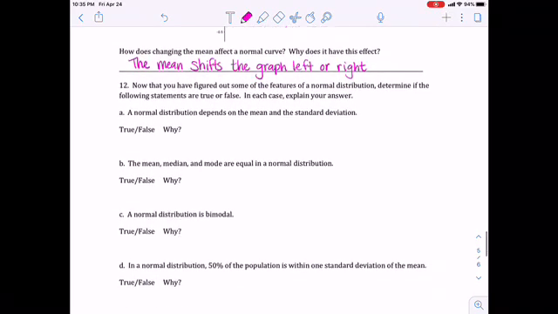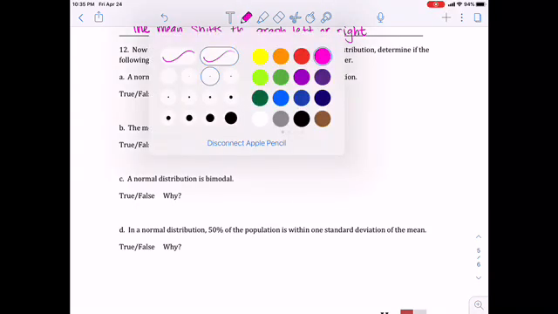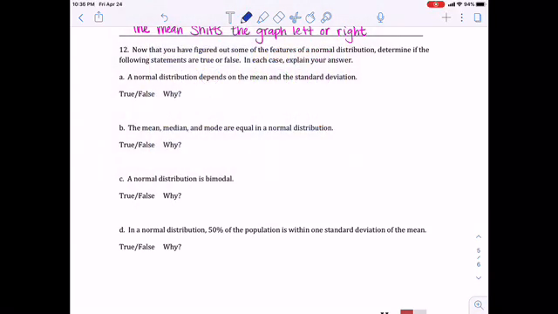Now that we figured out some of these features, we're going to go through these last two statements. So question A, a normal distribution depends on the mean and the standard deviation. Well, remember that the mean is what shifts us left and right, and the standard deviation tells us how steep or not steep our peak is going to be.